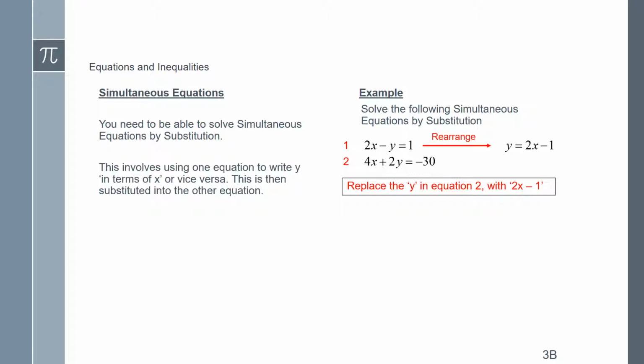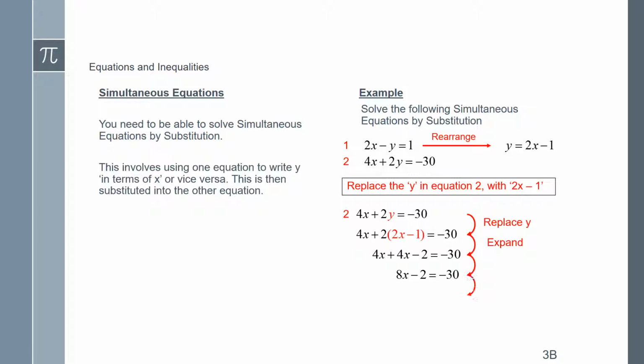Just instead of where it says y, write 2x minus 1. So instead of 4x plus 2y, instead have 4x plus 2 lots of 2x minus 1 is equal to minus 30. Then we can expand the bracket out, collect up any like terms, rearrange, and get x is 3.5.